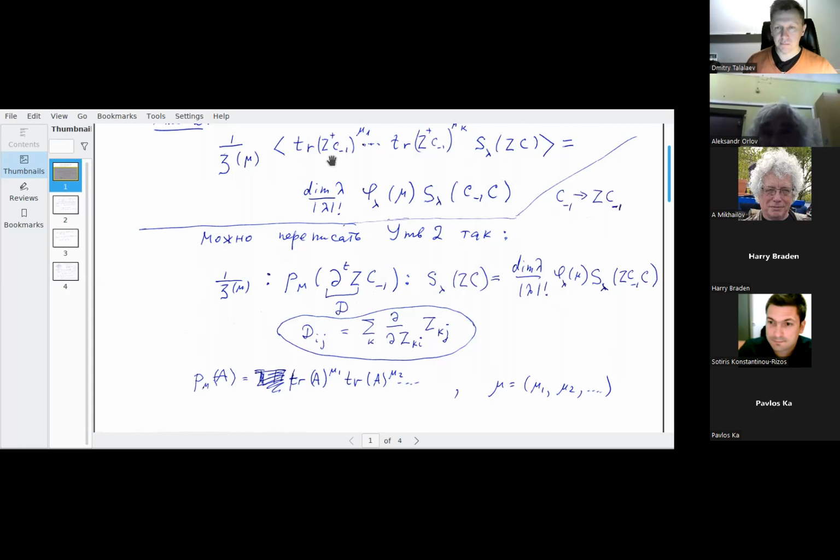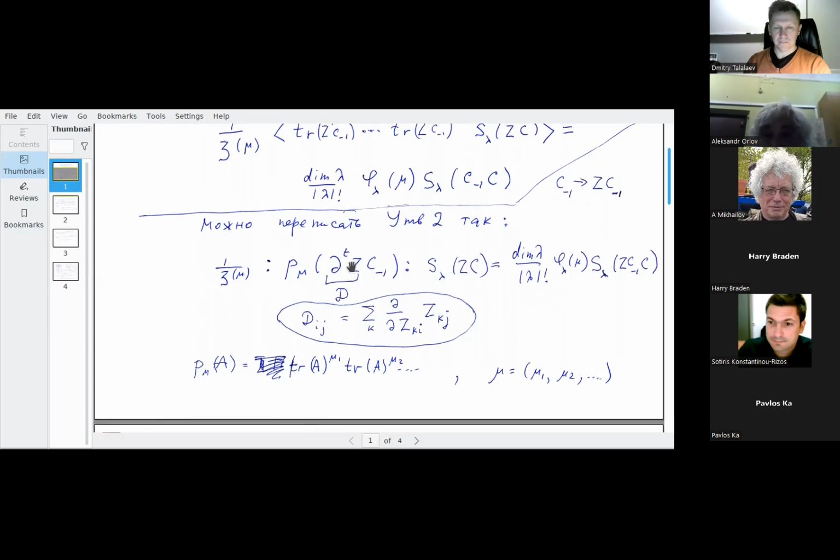We cannot pair, we have all pairings already. But in this presentation with differential operators, we can put dots here. It is normal ordering. It means that all differential operators here do not act on the coefficients of these operators, which depend on Z.